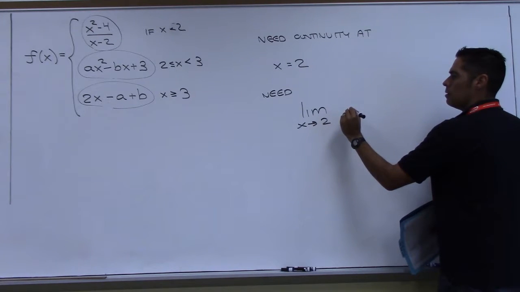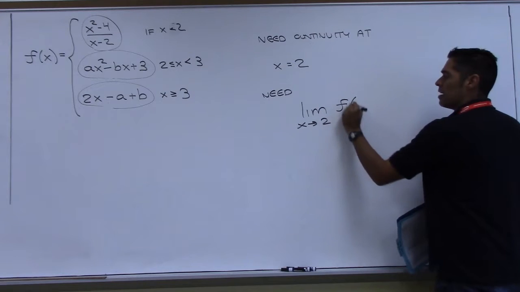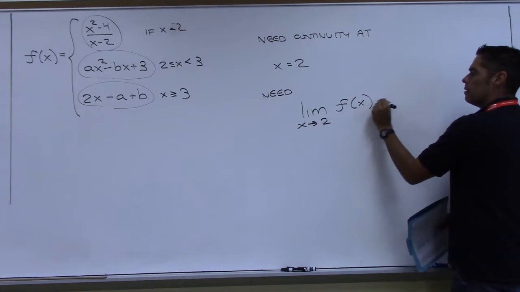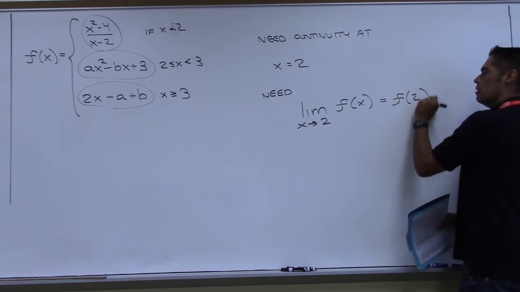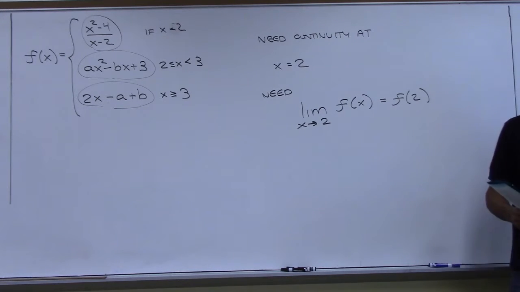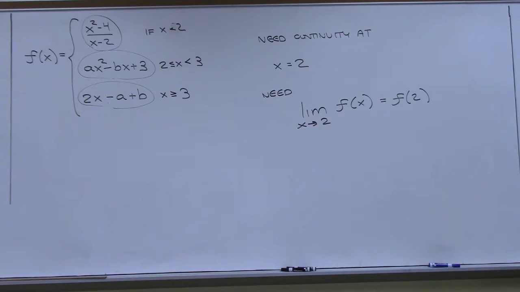That function, the first function? I'm just going to put f of x. Is that okay? Yeah, that's fine. And it equals f of 2. Good. That's the definition of continuity at 2.